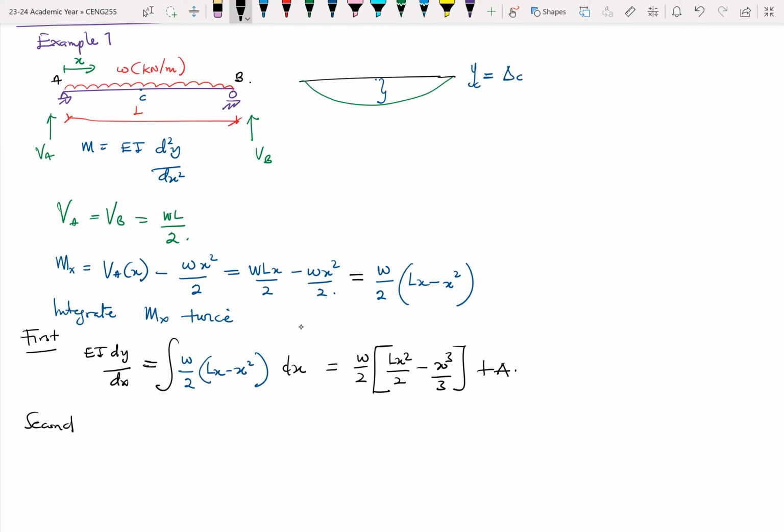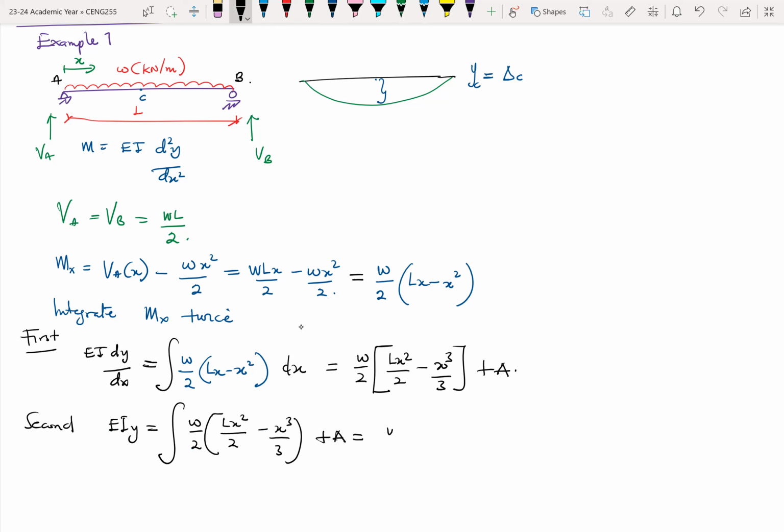With the second, we come back and just integrate the first integration again. So EI y will be integrating W over 2 times LX squared over 2 minus X cubed over 3 plus A, which is a constant.